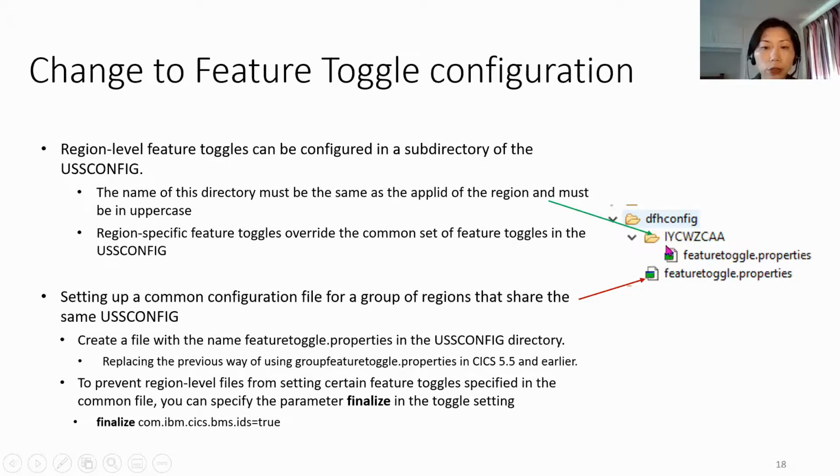Then for an individual CICS region, here I have a region called IYCWZCAA. For this region, I want its own feature toggle properties to maybe override, or maybe add additional feature toggles which are not at the group level. So that's where you would specify for an individual region.